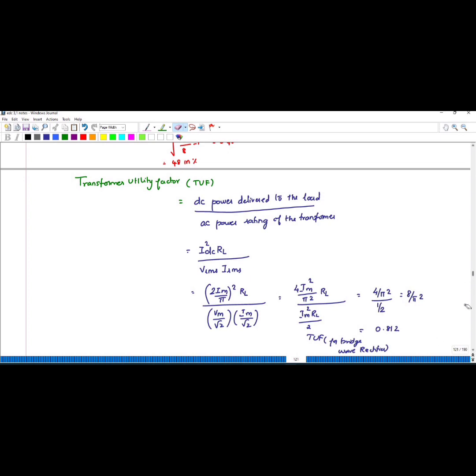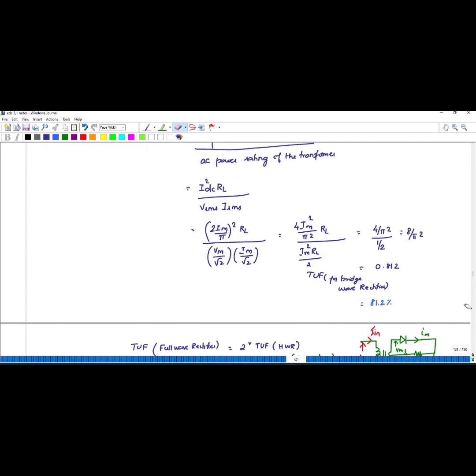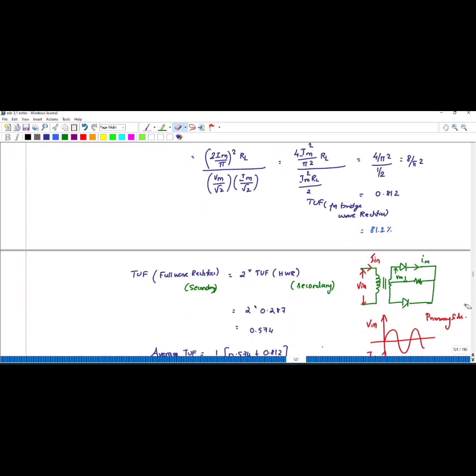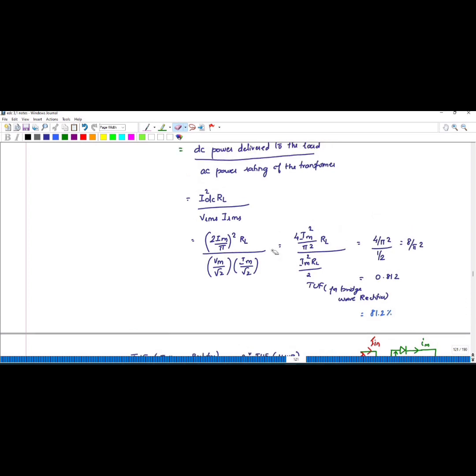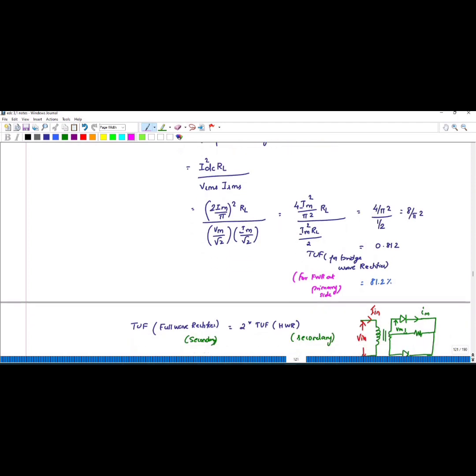This is for the full wave rectifier at the primary side, that is 0.812.